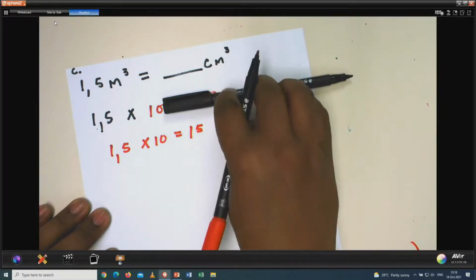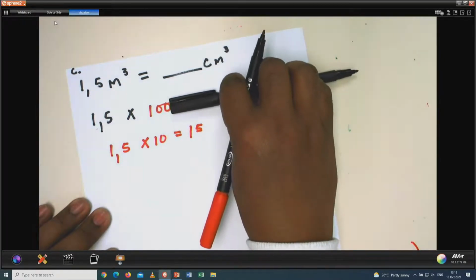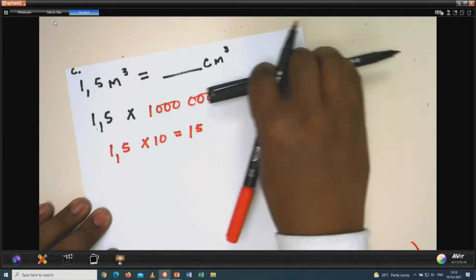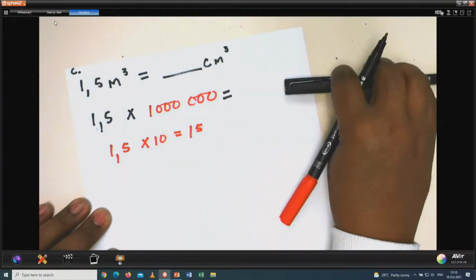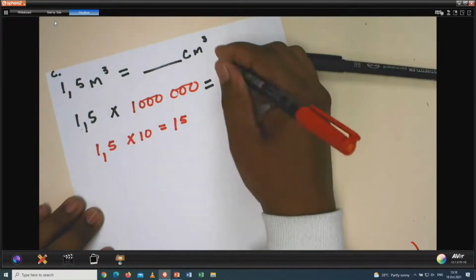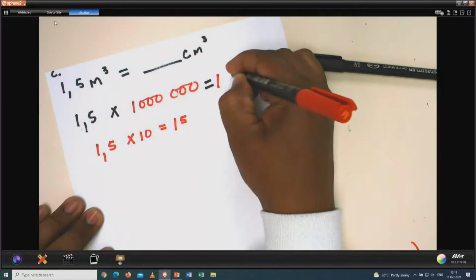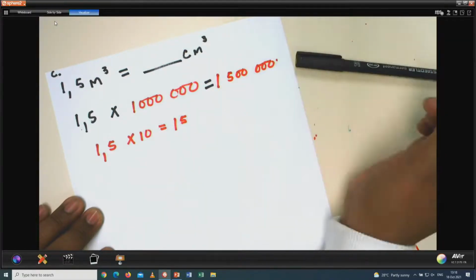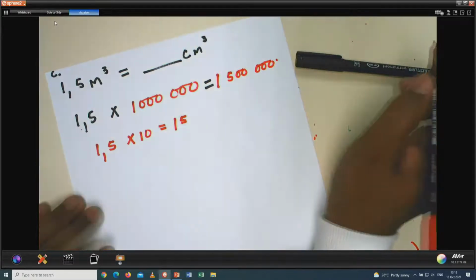So if it was 100 multiplied by 1,5, 150. Now you have seen the pattern. If it is 1,5 multiplied by 1 million, it will be 1,500,000. Good.